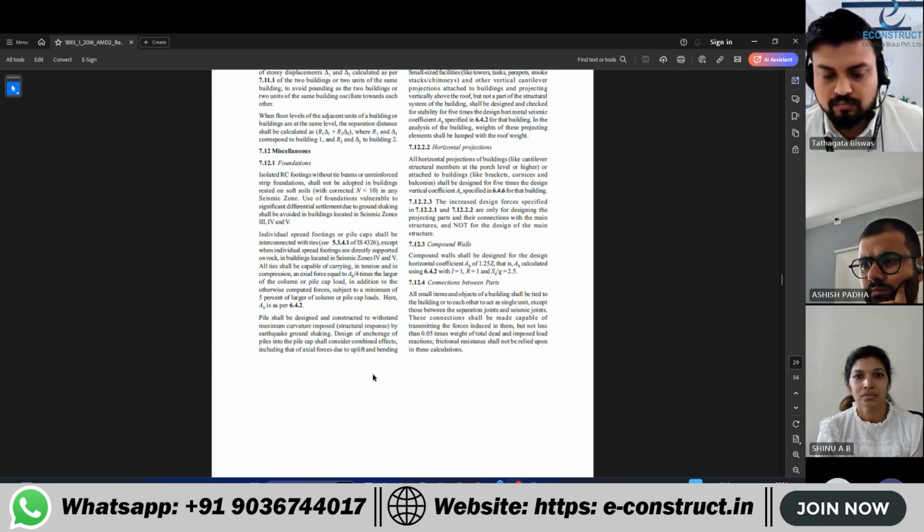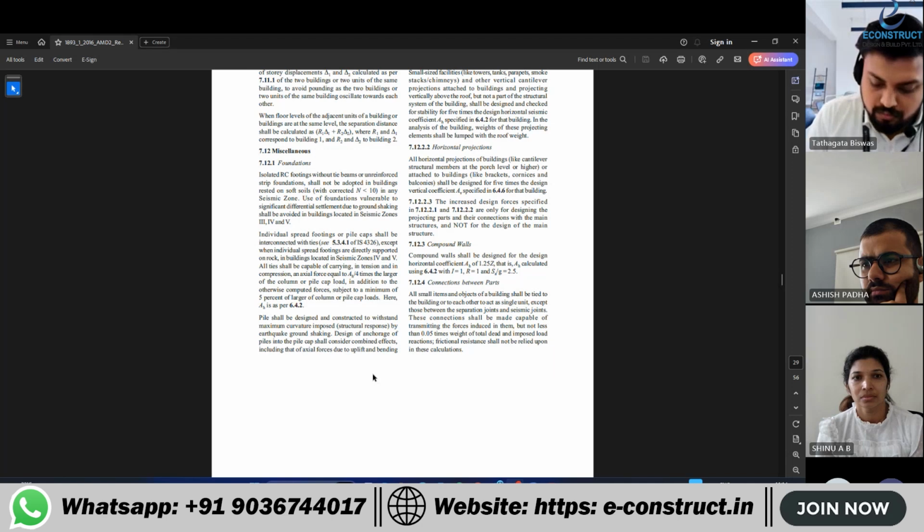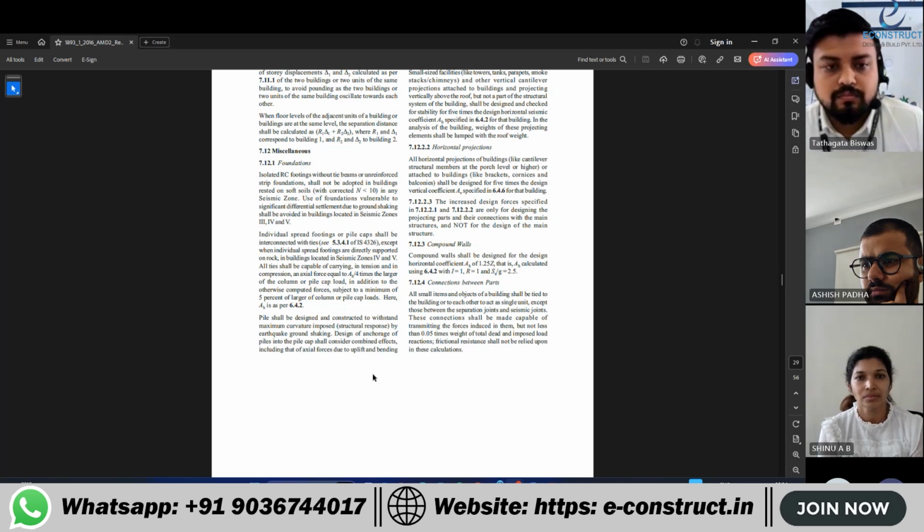Use of foundations vulnerable to significant differential settlement due to ground shaking shall not be adopted in buildings located in seismic zone 3, 4, and 5. Individual spread footings or pile caps shall be interconnected with ties.